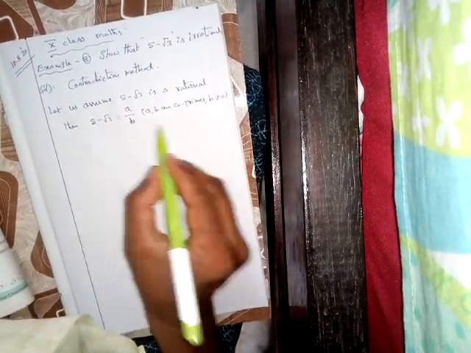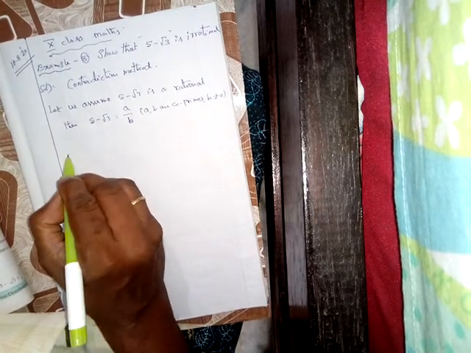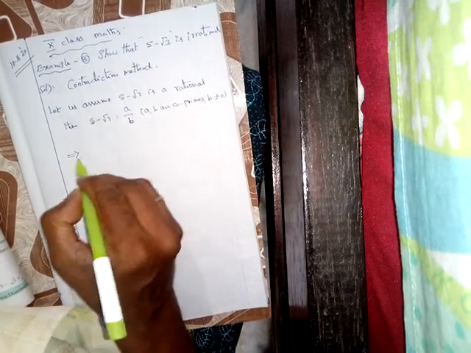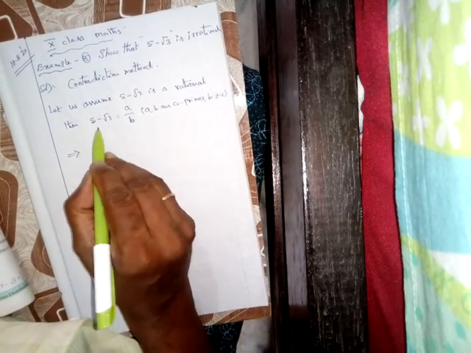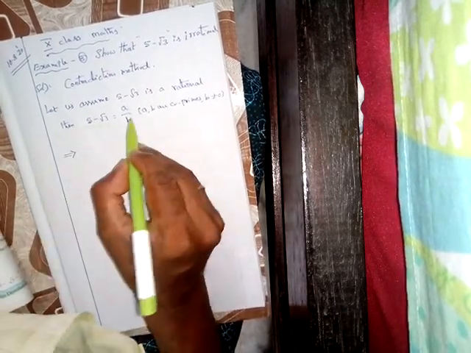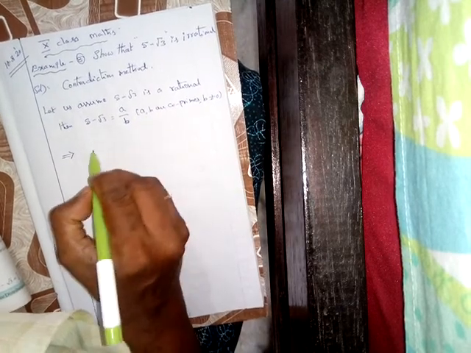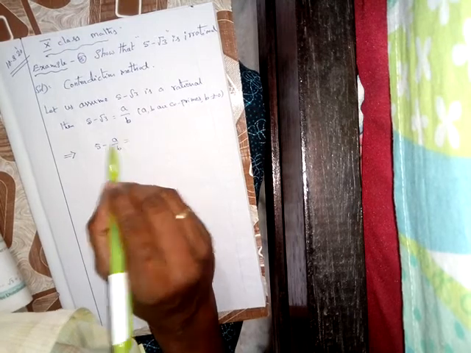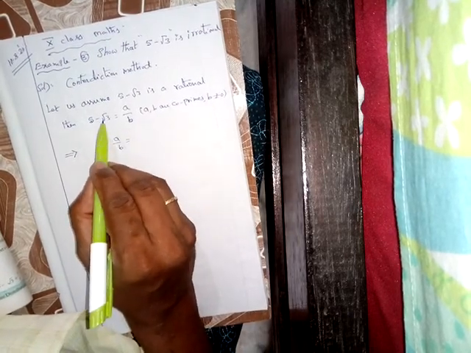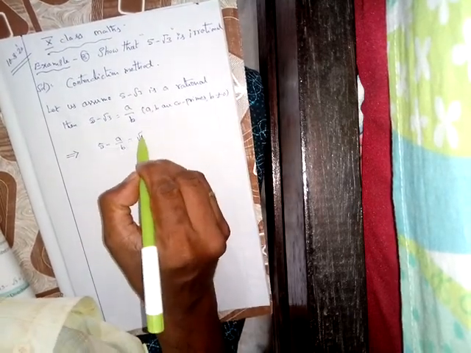Now simplify this. 5 minus root 3 equals a by b. Bring a by b from the RHS to the LHS, and send the minus root 3 from the LHS to the RHS, then it becomes root 3.